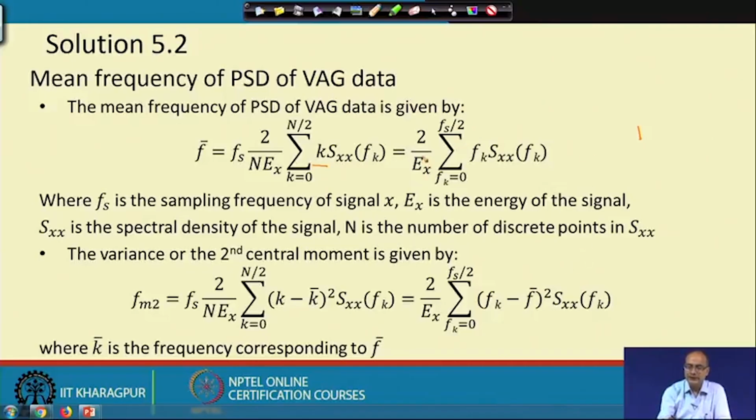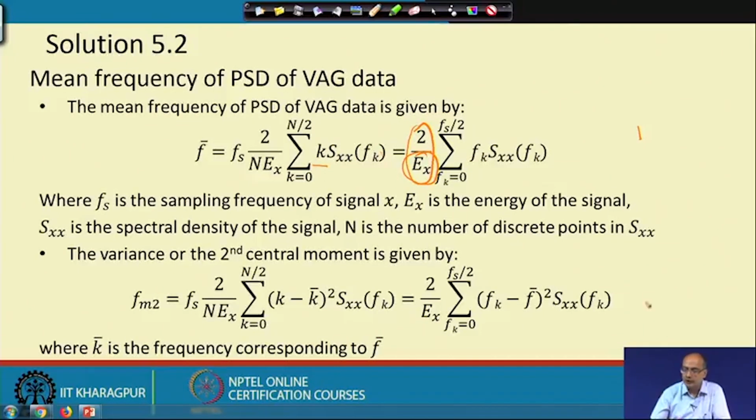We are dividing it by the energy, total energy, or if we take these, that is half of the energy. As the spectrum is symmetric, half of the energy is in the one half.